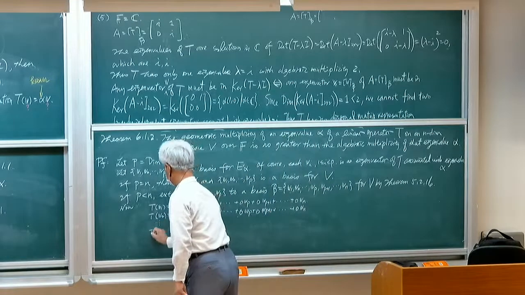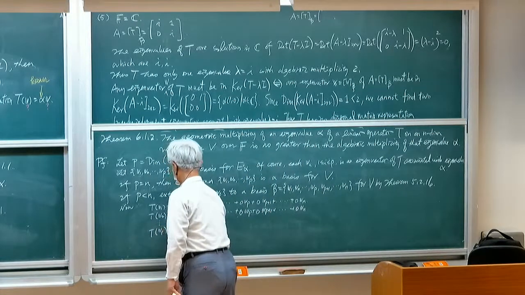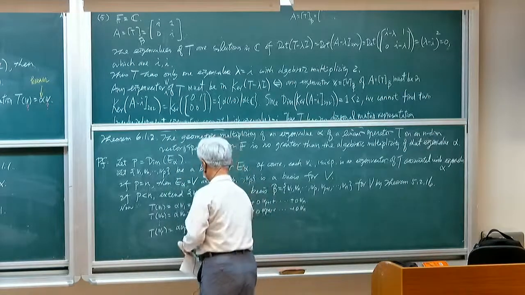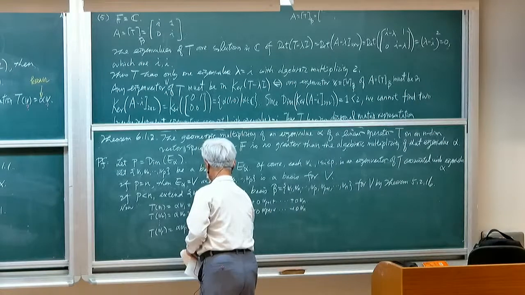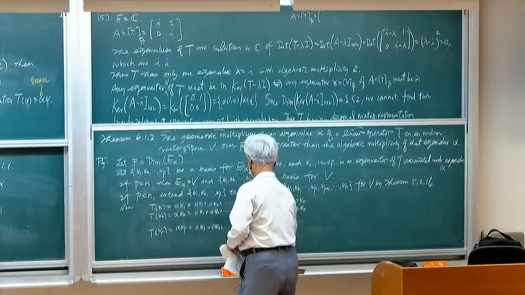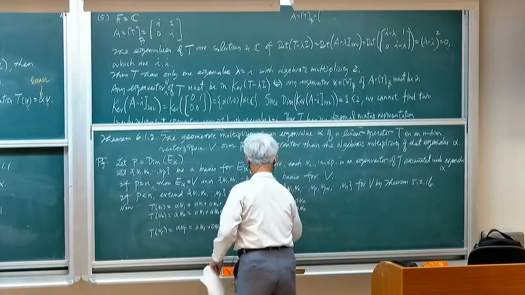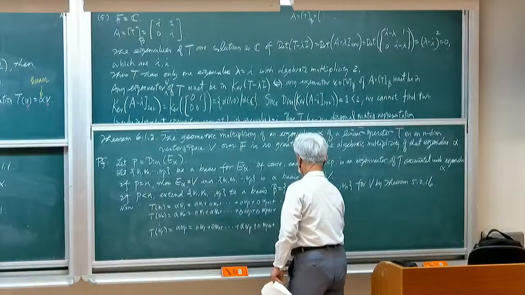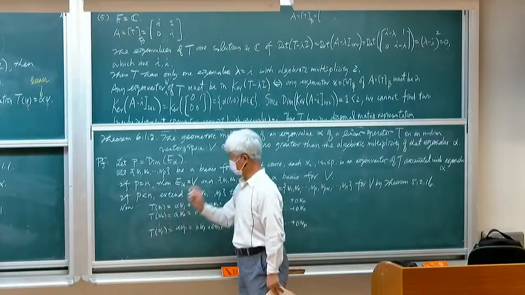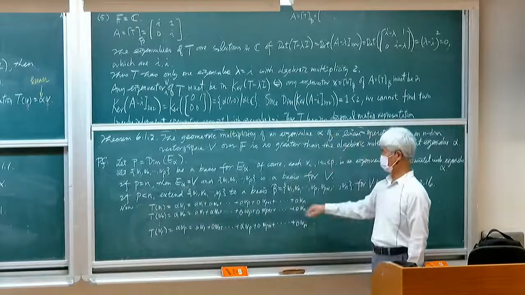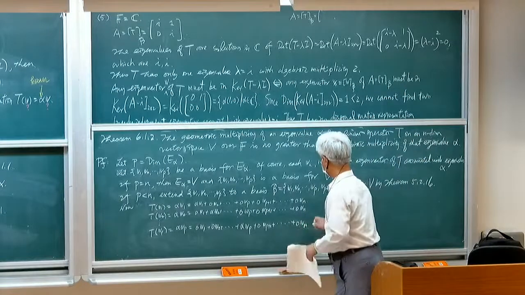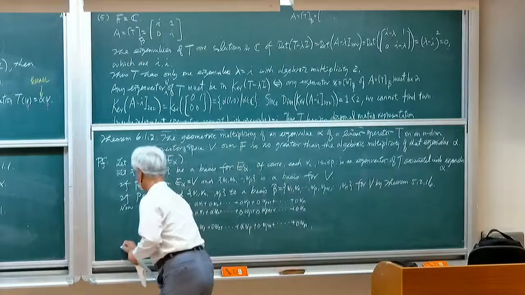Up to TVp, it's alpha Vp, and this is 0 V1 plus 0 V2 plus ... plus alpha Vp plus 0 Vp plus 1 plus ... plus 0 Vn. So we just look at the image of the first P vectors. From that, then the matrix representation.